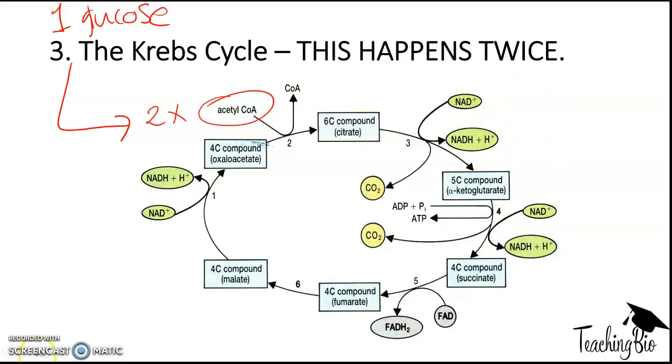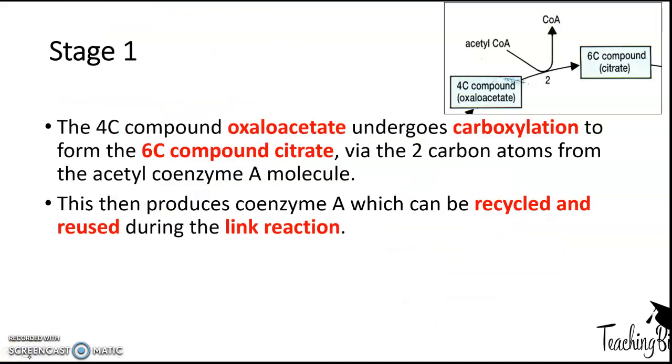Okay? So if we take a look at the individual steps, you do not have to recall the names of the compounds here. However, it might be a good idea to learn the names because it makes it a bit easier, and you can always use these in your essays if you're doing AQA A-level biology and get some further marks. So if we look at stage 1 of the Krebs cycle, firstly the 4-carbon compound oxaloacetate undergoes carboxylation to form the 6-carbon compound citrate via the 2 carbon atoms from acetyl-CoA.